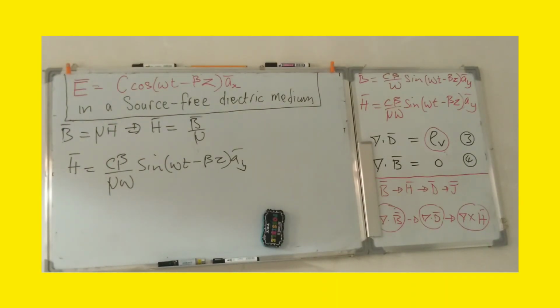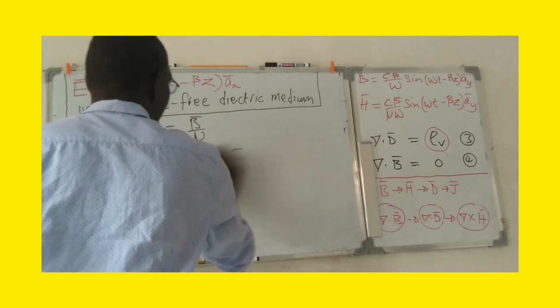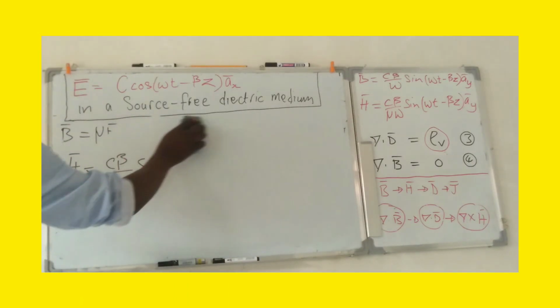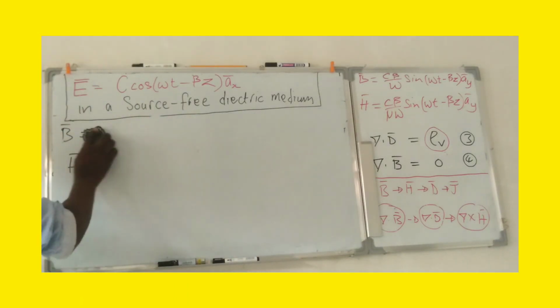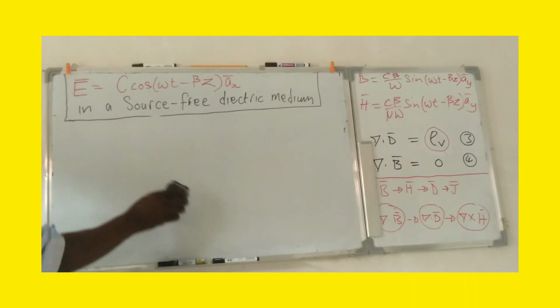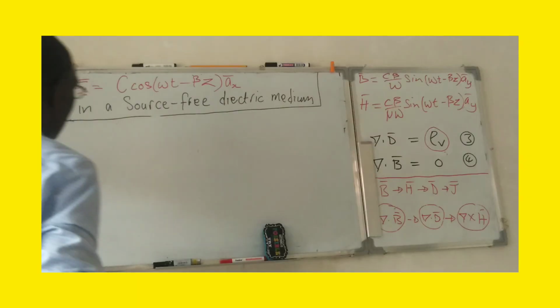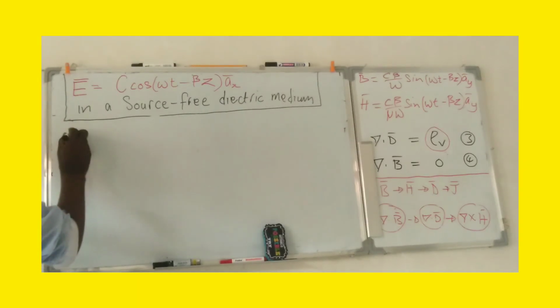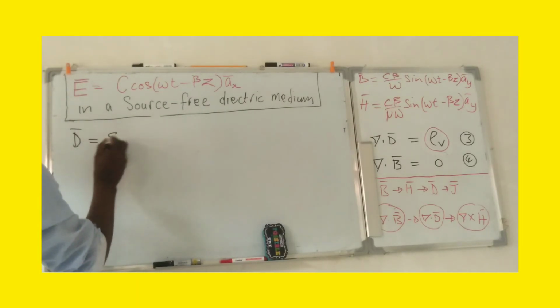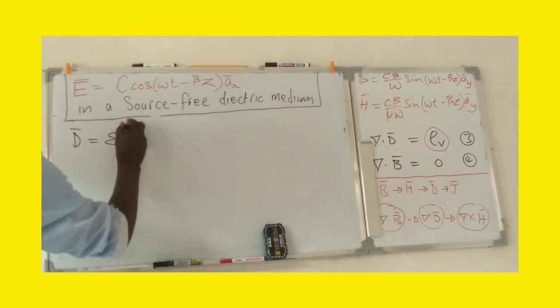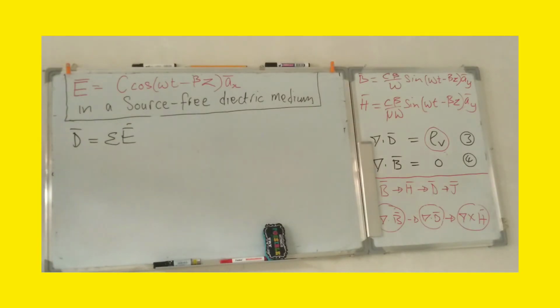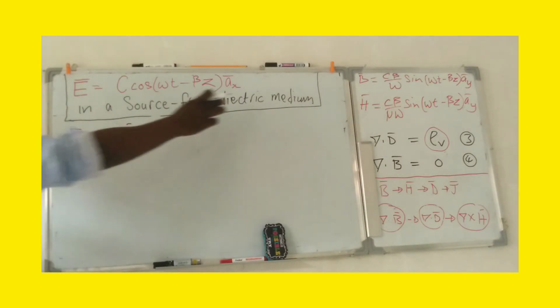Our next assignment now is to find the D field. Let's find our D field, the electric flux density. Now, the electric flux density, we know that D is equal to epsilon E, where epsilon is the permittivity of this medium.